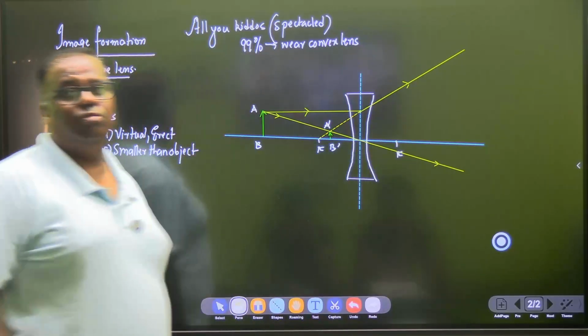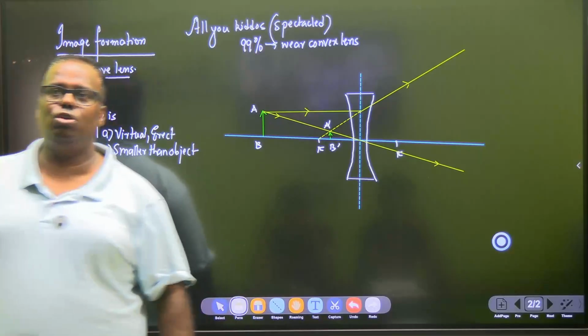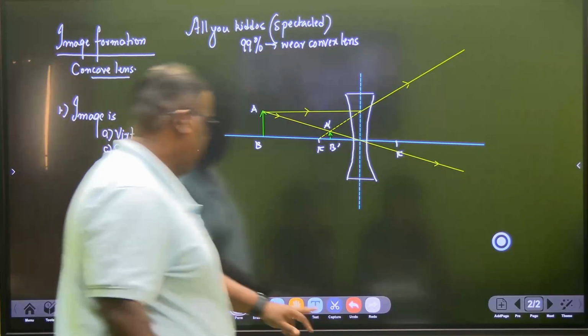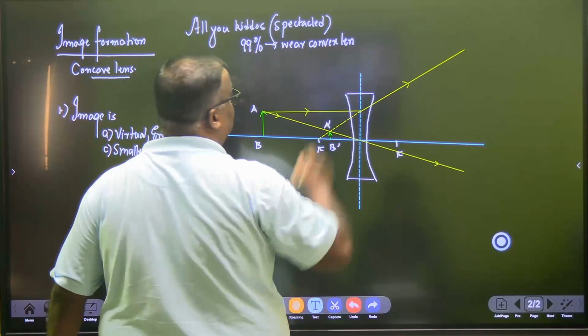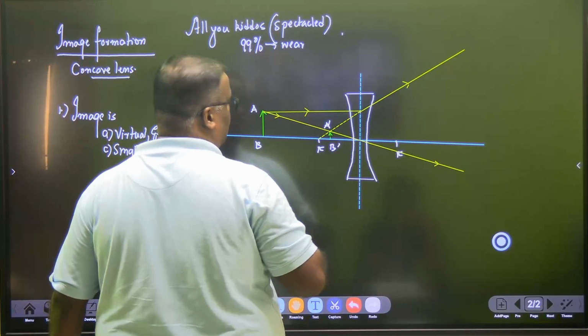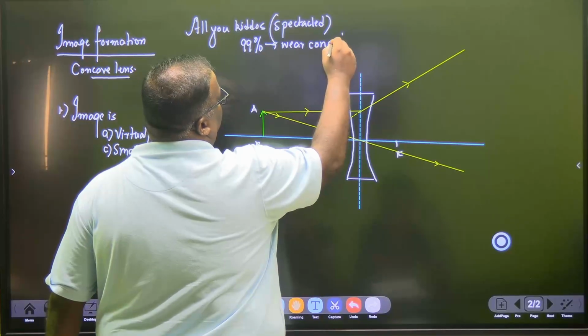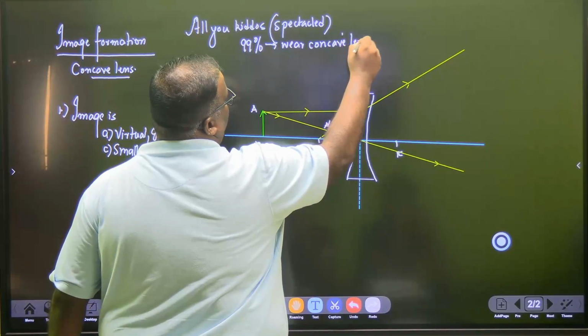At least in my class, all of you are wearing convex. Sorry, I said convex, concave lens. How do I make these mistakes? All of you are wearing concave lenses. All you kiddos.